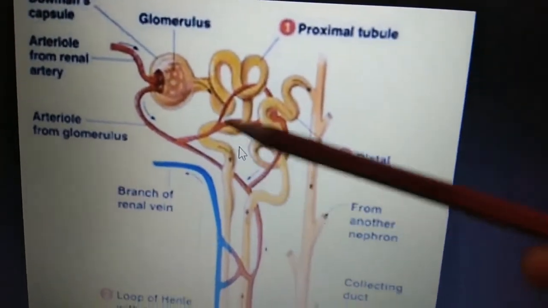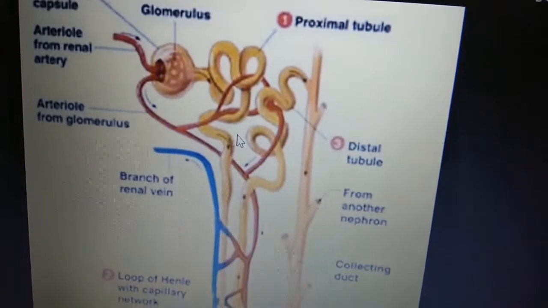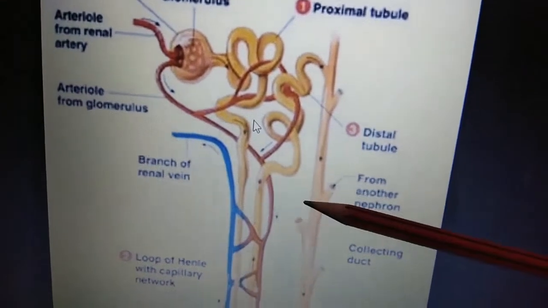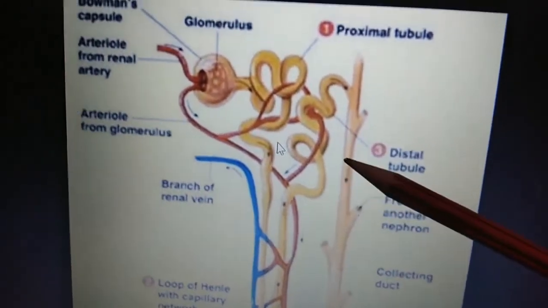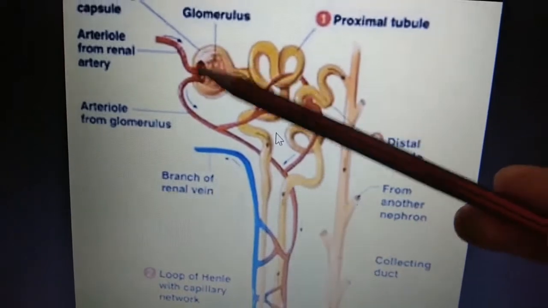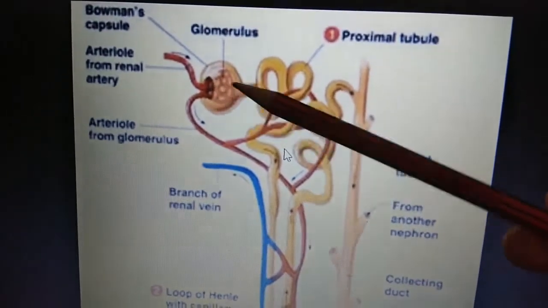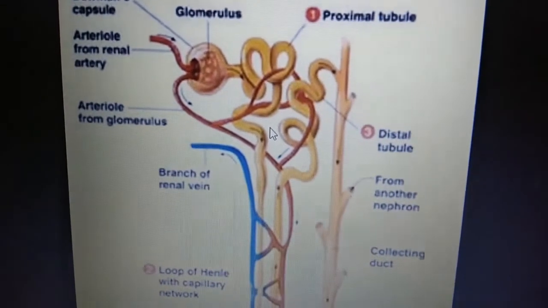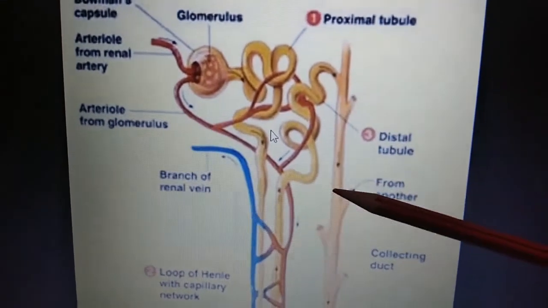In the tubular part of the nephron, the reabsorption process takes place. There are two processes occurring in the function of the nephron. One is filtration, which occurs in the renal corpuscle. Second is reabsorption, which takes place in the tubular part of the nephron.